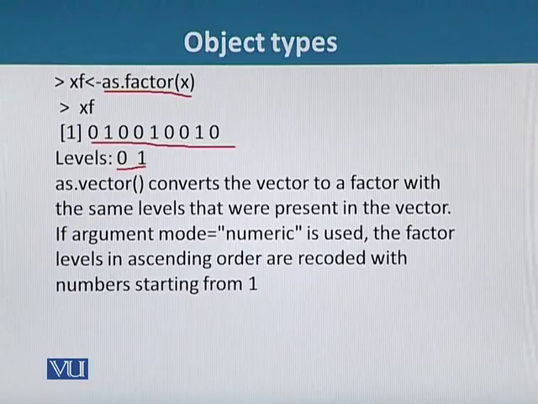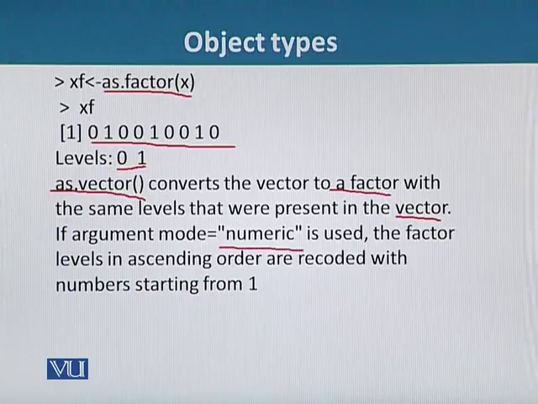It means it starts from 0 and ends at 1. The as.factor command converts the vector to a factor with the same levels that were present in the vector. If the argument mode numeric is used, the factor levels, in ascending order, are recoded with numbers starting from 1.